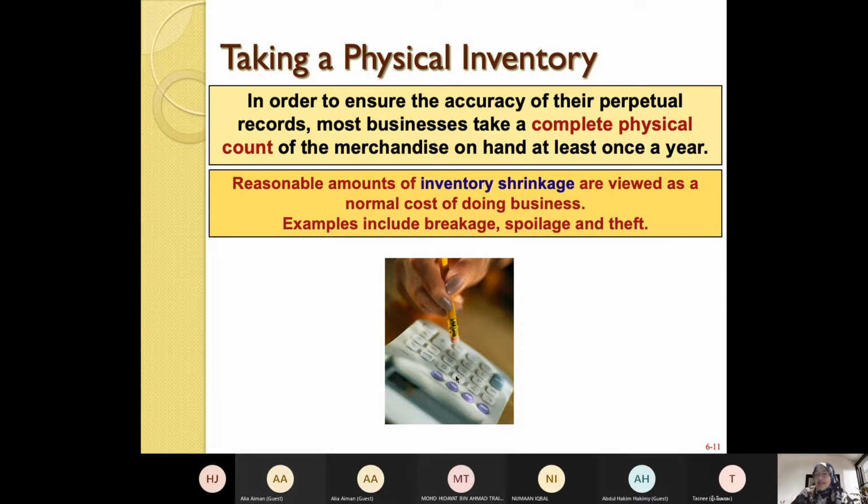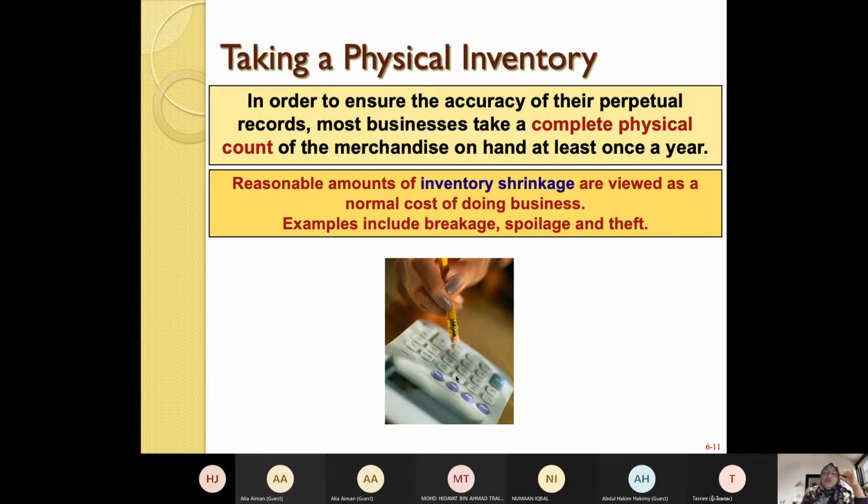So all these are on accounts. But physically, you have to make sure that the physical inventory is similar to your amount in the accounts. That's why they need to do a physical inventory taking, in order to assure accuracy of their perpetual records.